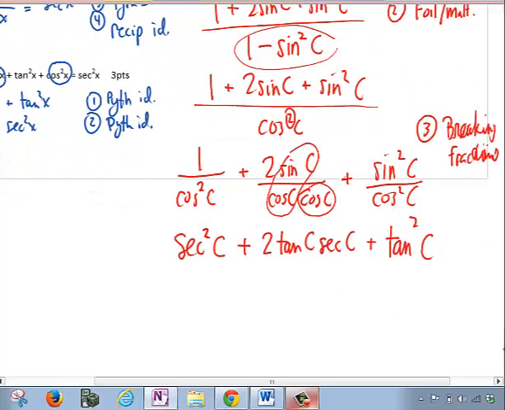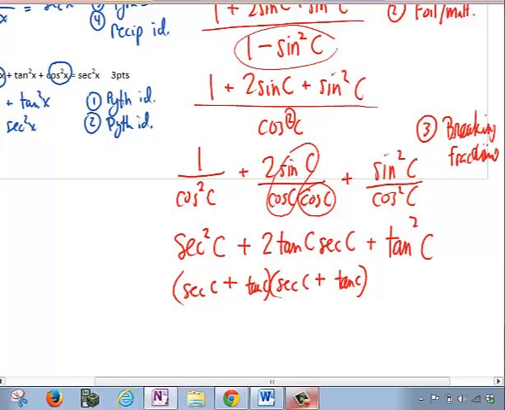I'm almost finished. Now, this is going to equal, this is like a perfect square trinomial. And if I look at the factors, the first part is going to be secant of c in both binomials. The last part will be tangent of c in both binomials, and they're both going to be plus on the inside.